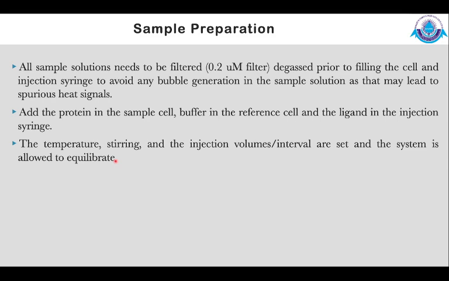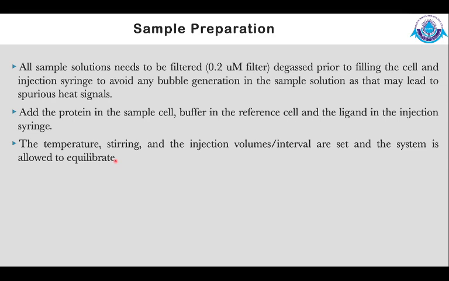After setting up all these things, before we start the experiment, that is the injections, we have to allow the equipment to equilibrate. Because we added all the samples from various conditions, you have to allow them to equilibrate, and equilibration takes more time because all of them sit in an adiabatic chamber, that means there is no heat in or out.